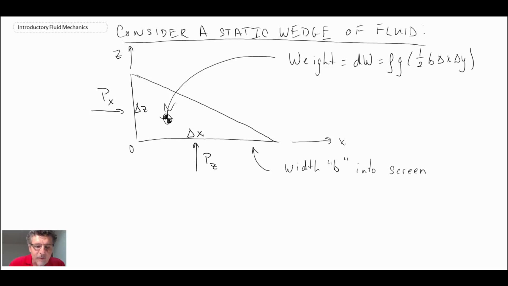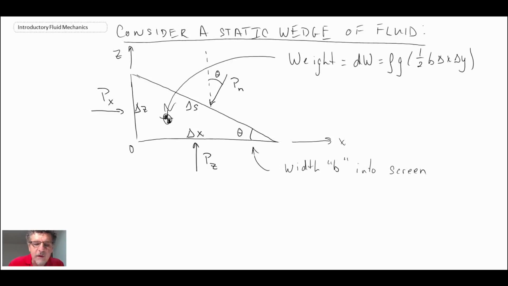The last pressure that we have is our normal pressure distribution to the surface, length delta S, that forms the hypotenuse of this triangle or fluid wedge. And we're going to assume that the angle with respect to the vertical here is theta. So that is the scenario, and the fluid wedge also has an angle of theta there through geometry.